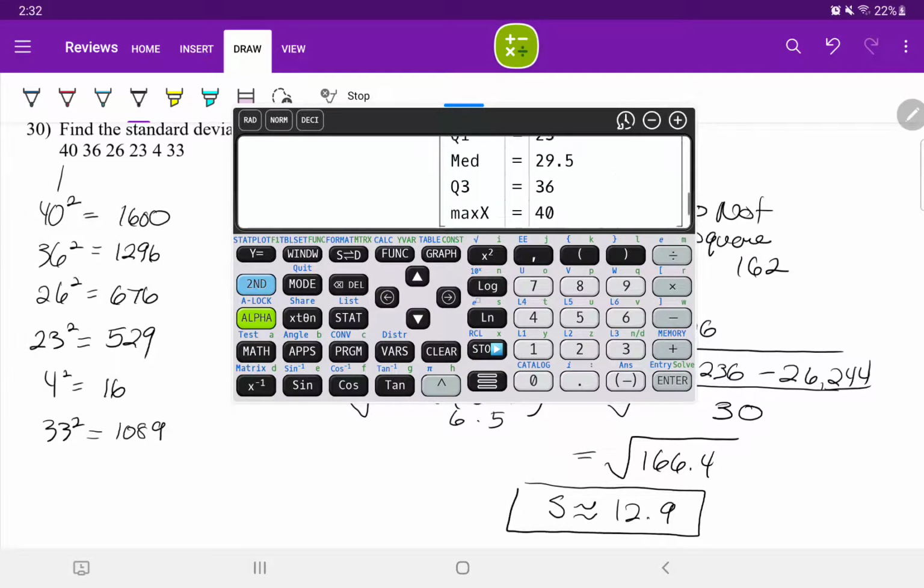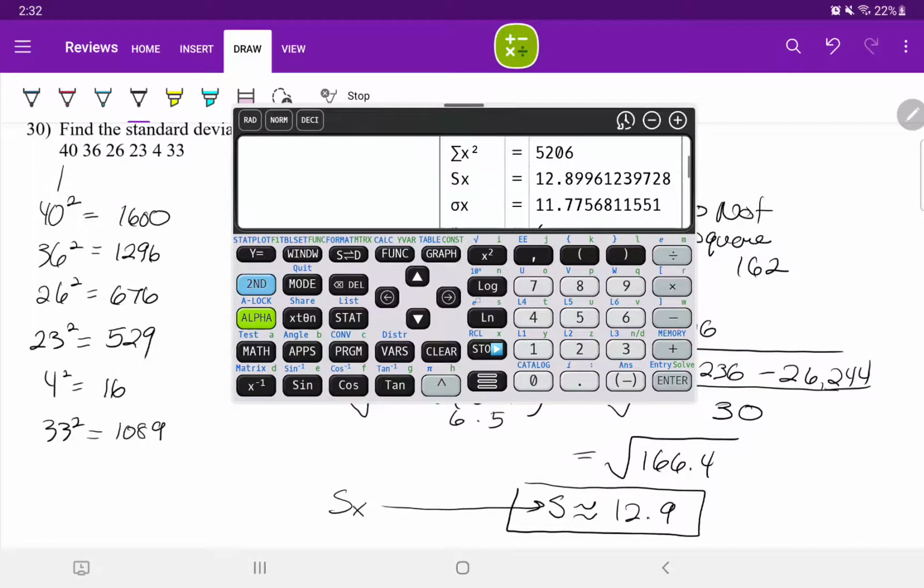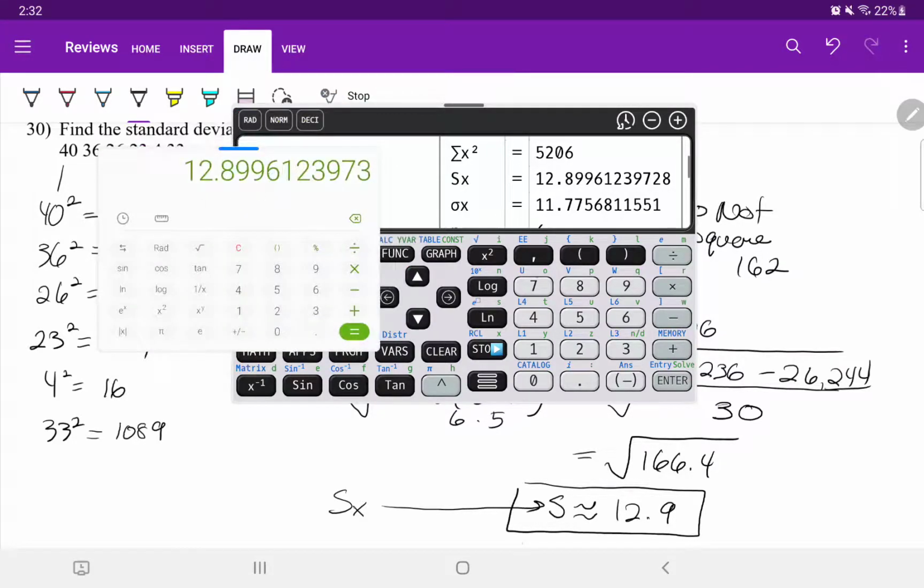And this is your information. Your Sx is the same thing as saying sample standard deviation. And that got us approximately 12.89. Round to one number after the decimal. That is also 12.9, as also seen right here when we did the math.